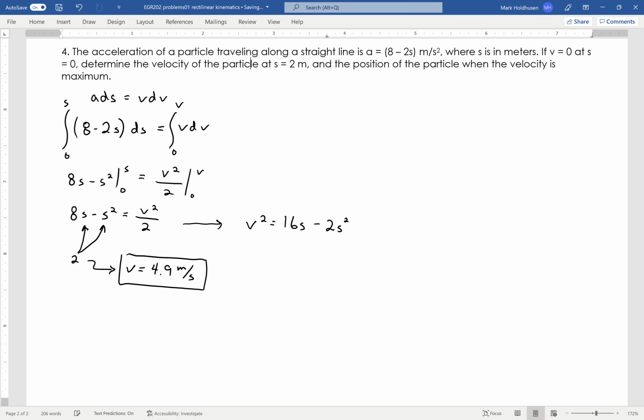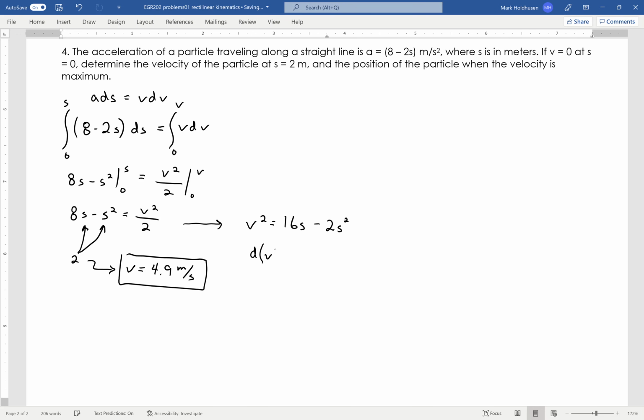And what I'm going to do is take the derivative and set it equal to 0. I'm not going to solve for v, because if v squared is at its maximum, so is v. And the integral becomes a lot more tricky if I square root both sides, so I'm just going to leave this alone.